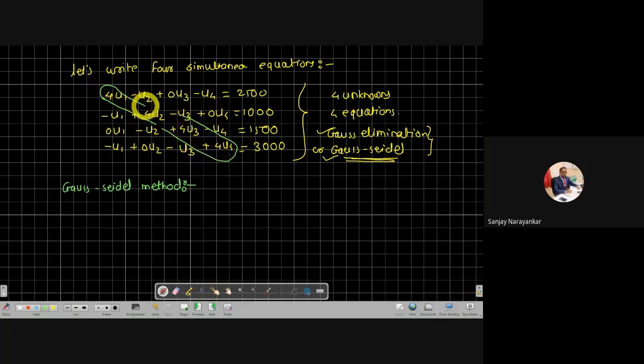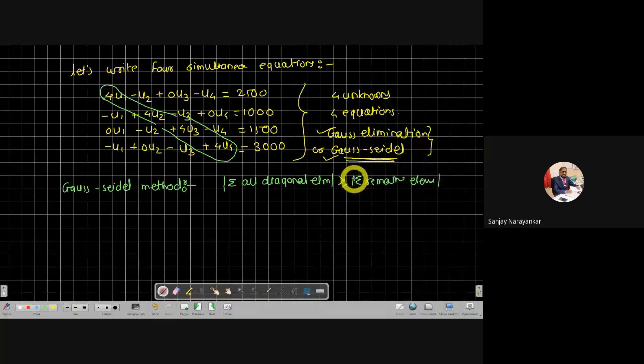And fortunately, for Poisson and Laplace, we always get the diagonal element as a maximum. Right? So Gauss-Seidel says that you have to check this condition all the time: the modulus of the diagonal element must be greater than or equal to the summation of the moduli of the remaining elements.